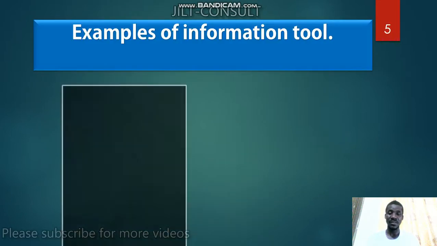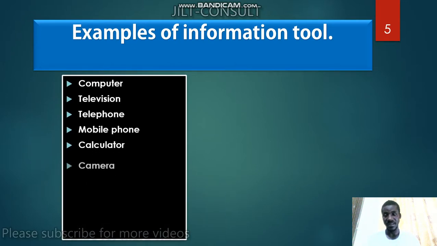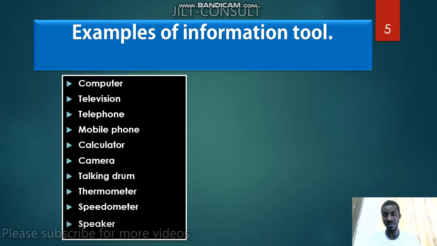Now, let's go through some examples of information tools. We have computer, television, telephone, mobile phone, calculator, camera, talking drum, thermometer, speedometer, speaker. All these, I believe you have heard at least some before. You've seen a computer before, if not, yes, you are seeing a computer now.